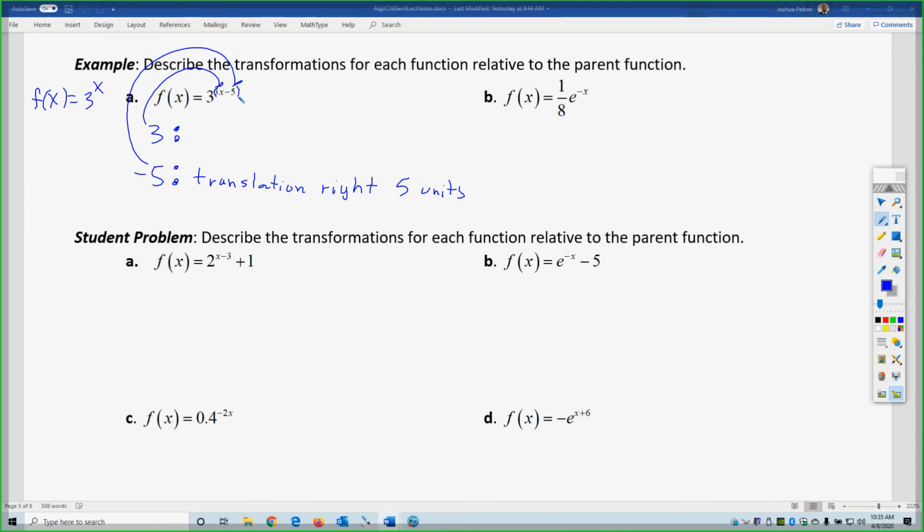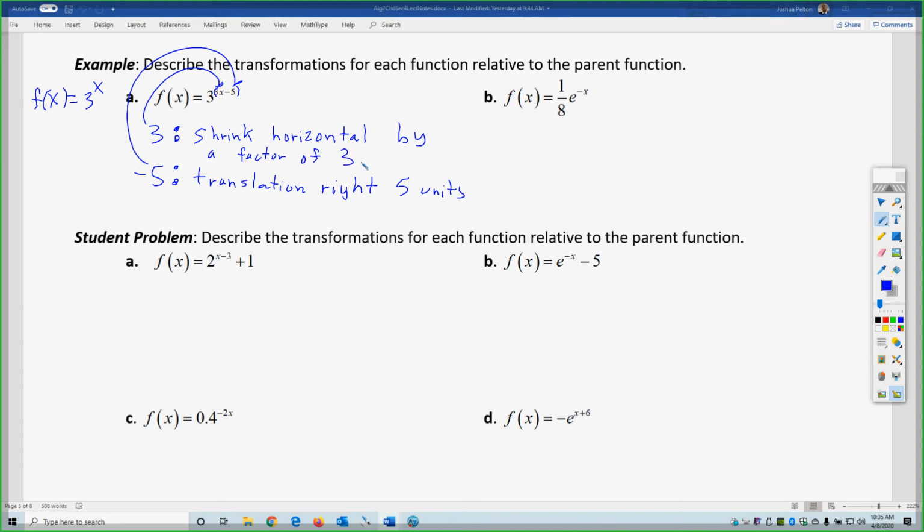The 3 multiplied up there is a shrink, because multiplying by 3 is counterintuitive on the inside, so it must be a shrink. On the outside, it would be a stretch. So shrink horizontally, because the inside affects x, the outside affects y. Shrink horizontally by a factor of 3.